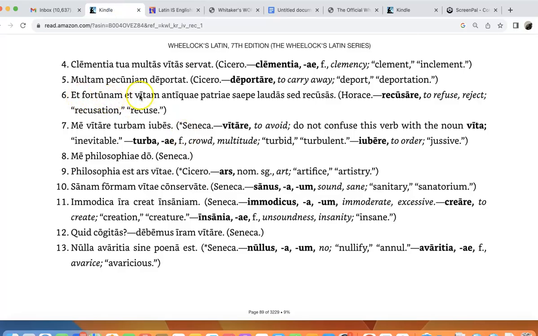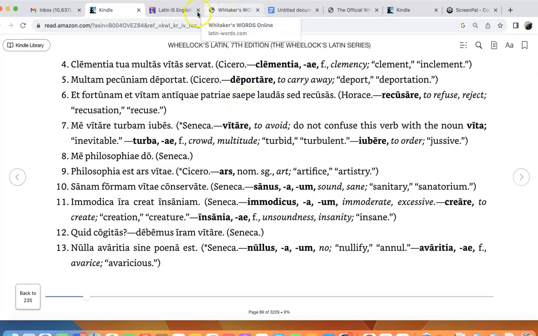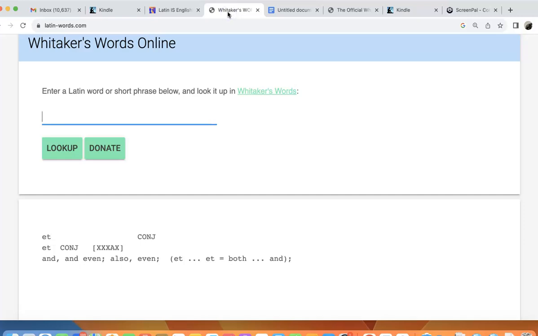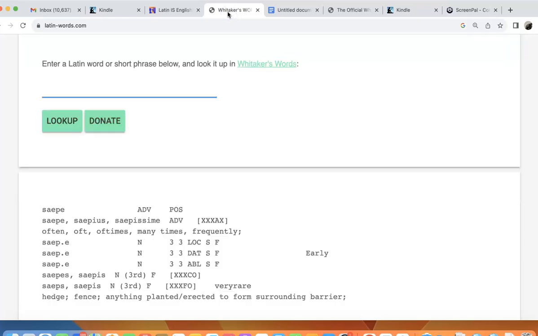So both fortune and life of ancient country, or of ancient fatherland. Saepe means often, so that is an adverb. Once again, I'm not doing this for me, I'm doing it for you. I'm looking it up. I had to look all these words up myself at one time in order to remember them. So sure enough, saepe is an adverb.